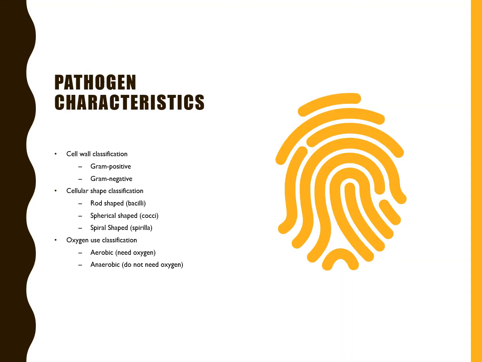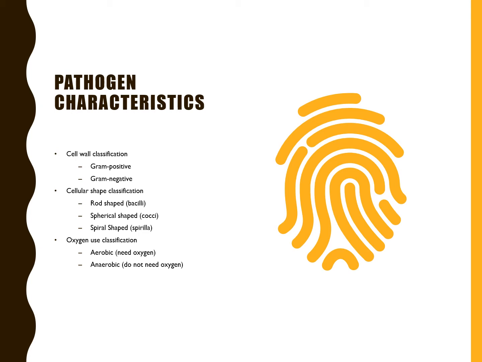So when we're trying to find an effective treatment for a pathogen, it's very helpful to take these pathogens and separate them into specific classifications. And we do this by both the method of action and by their structure. When we're talking about structural characteristics, we'd be talking about the cell wall, gram-positive, gram-negative, its shape.